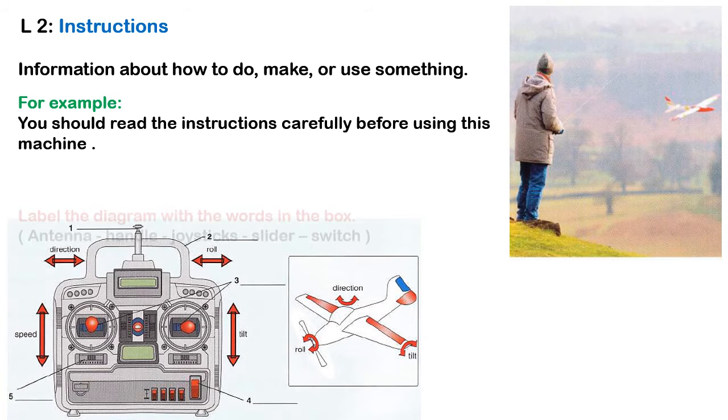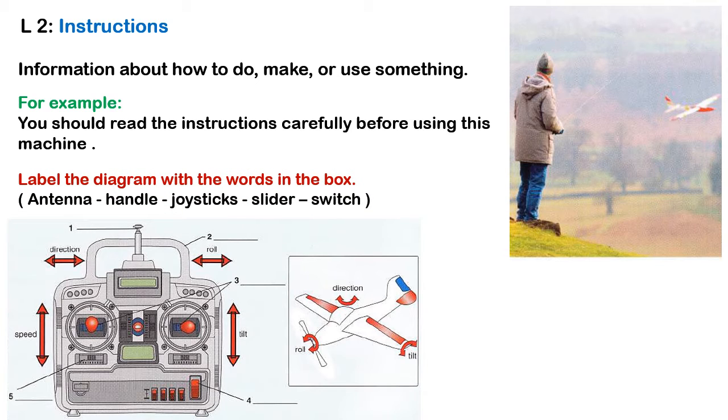So, do you remember how to label the diagram? We have to label the diagram with the words in the box. We have antenna, handle, joysticks, slider, and switch.